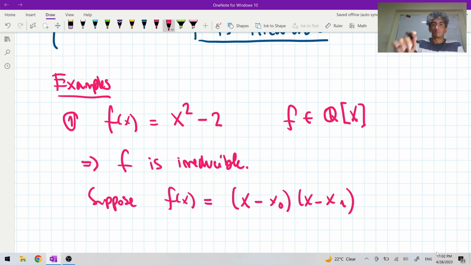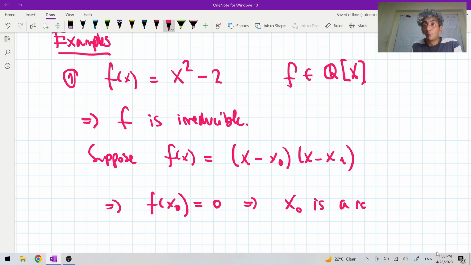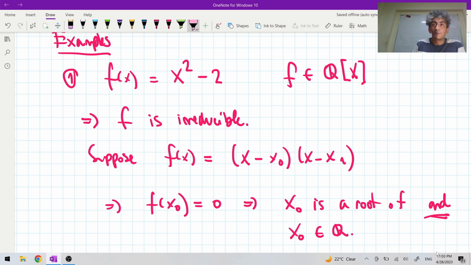Then f of x naught will be 0, because if we replace x with x naught, we get 0. So what we get here is that x naught is a root of f and x naught lives in q. So if it were the case that f could be factored into two linear factors, then this x naught would be a root of f.